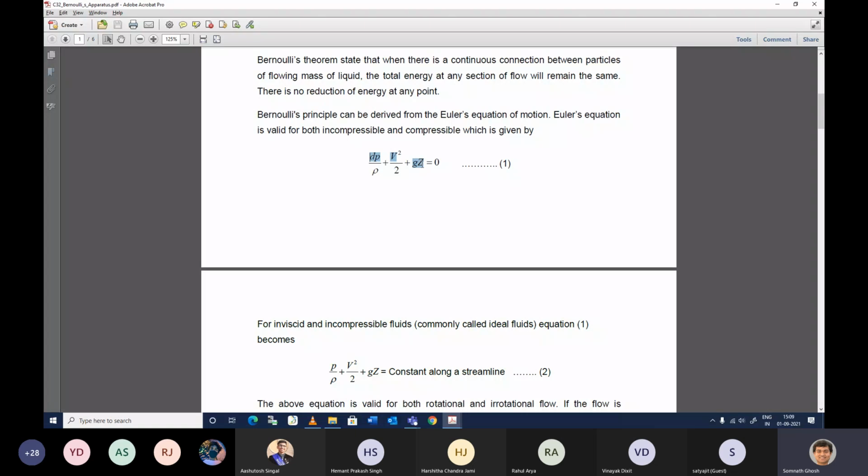This tells us that if there are no other losses in a fluid flow which is inviscid and at steady state, then the energy between two different points inside the fluid flow will be equal, or at a particular point it will be a constant value.